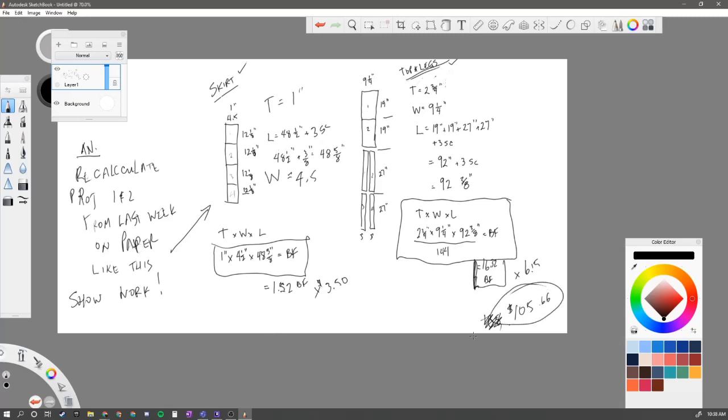And it should be different than the one you did before because we're adding in the idea that the thicknesses are going to affect the prices.